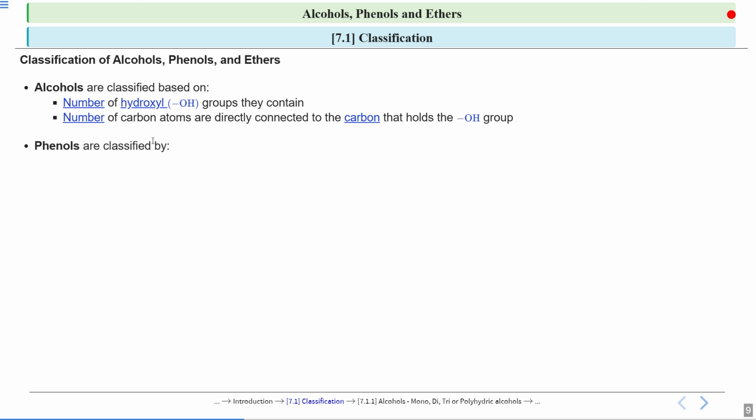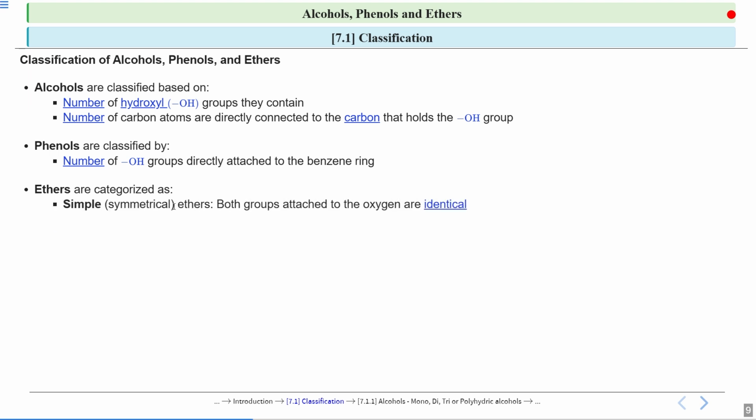If we talk about phenols, phenols are classified first of all by the number of hydroxyl groups directly attached to the benzene ring. On the other hand, ethers are categorized as simple ethers, or symmetrical ethers, where both the alkyl groups attached to the oxygen are identical. So oxygen is in the center, and two alkyl groups are attached to that oxygen.